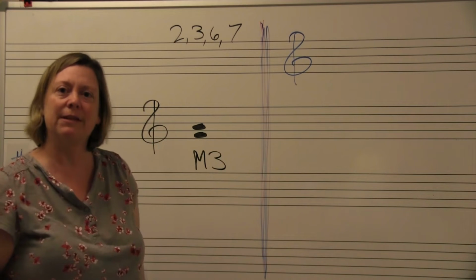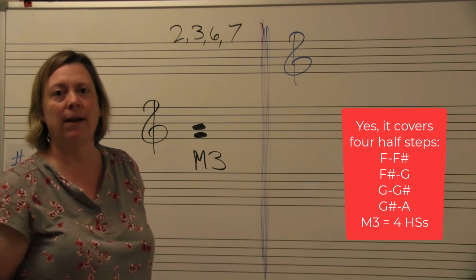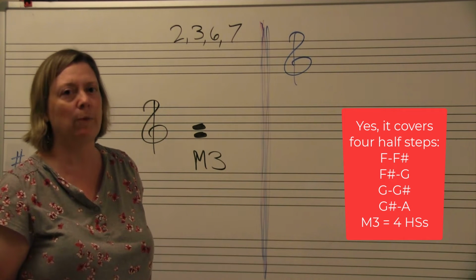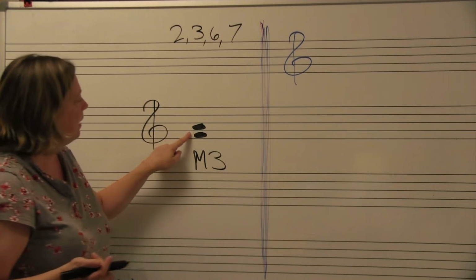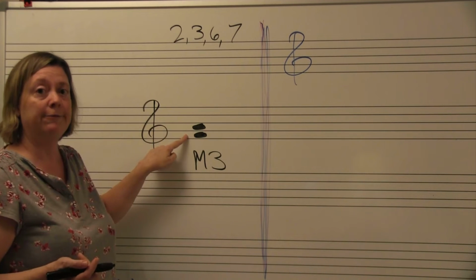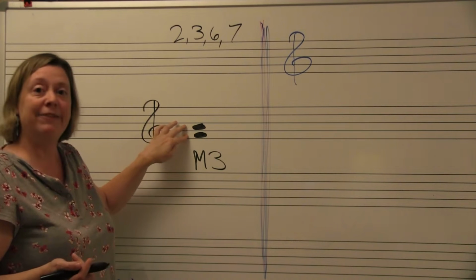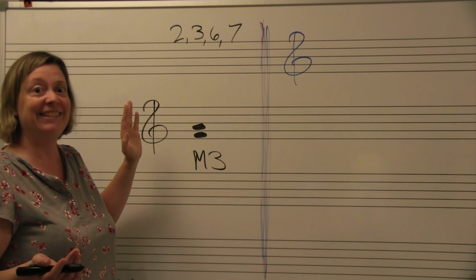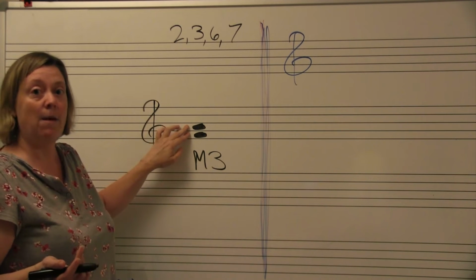Now, 4 half steps is kind of a pain to remember. So there's another way to do it, and this is a pretty useful way. If the bottom note is the name of a major scale, F, does A fit in the F major scale? Yes, it does. This is a major third.